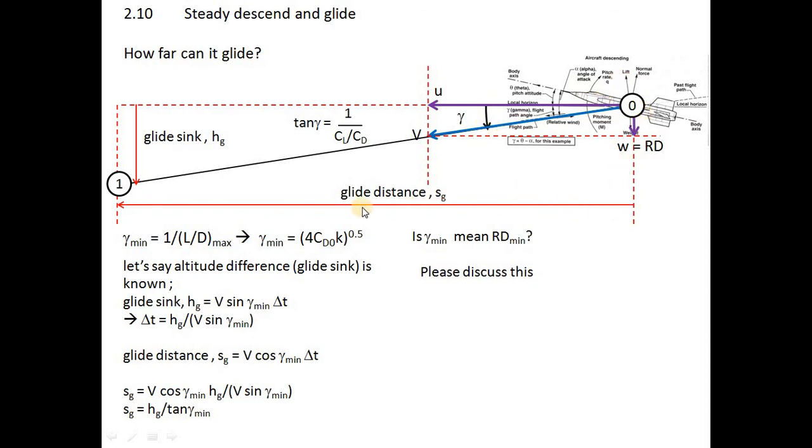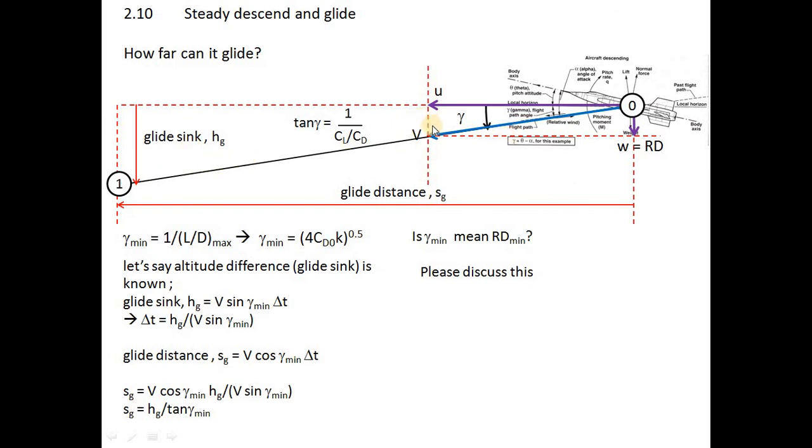How far you can glide, or how long in terms of time you can glide, depends on gamma. In this case, the smaller the gamma, the farther your glide distance, because the smaller the gamma, the lower the glide sink. But it also depends on the velocity v. If your v is fast, then you still sink at a high descent rate.